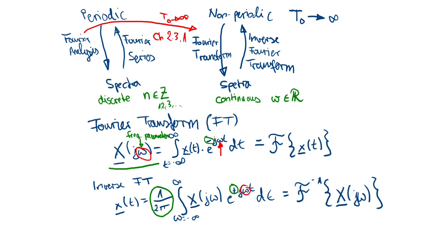It can be any value between minus infinity and plus infinity. So there's no restriction. And that is the major difference between periodic and non-periodic signals.